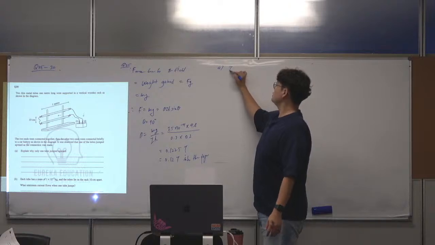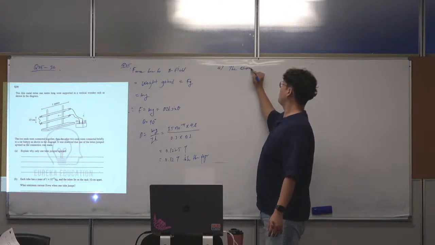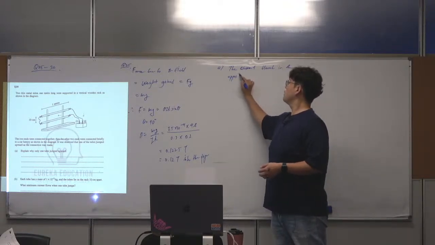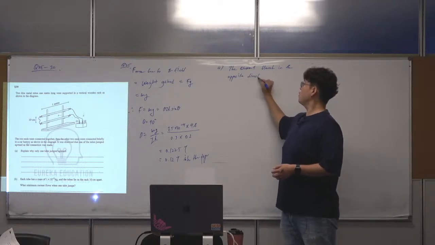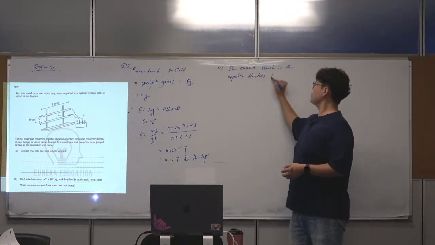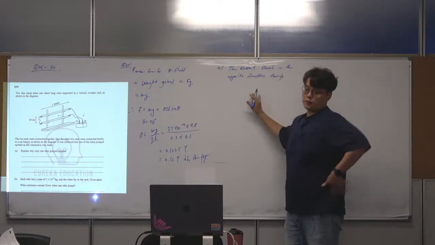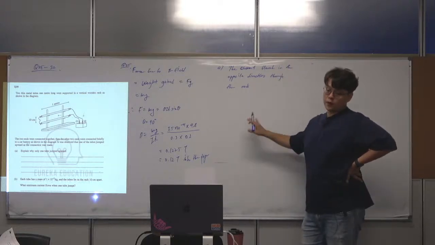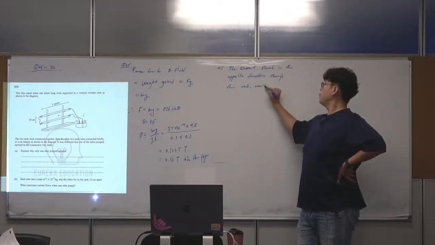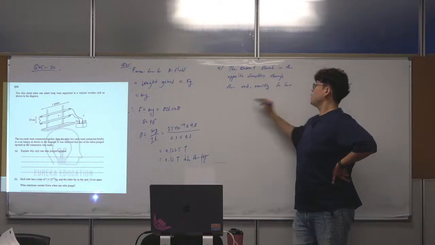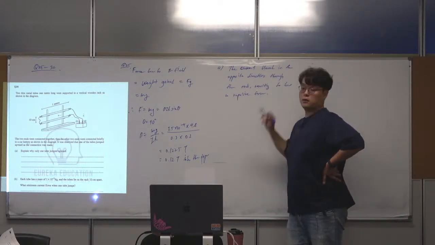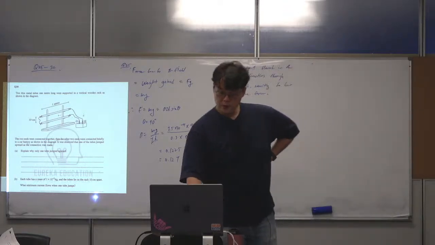The current first of all flows in the opposite direction through the rods, resulting in them having a repulsive force. So what happened?